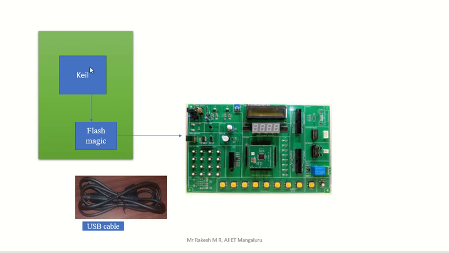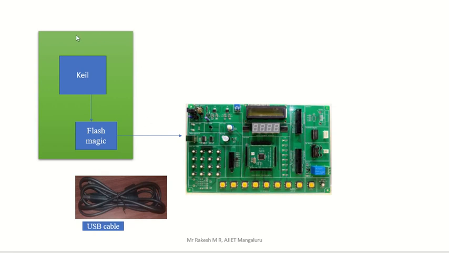Once we get the file in .hex format, we use FlashMagic software to dump that .hex file to your LPC2148 kit. So here that hex file is executed in your LPC2148 kit, and you will get the corresponding output.